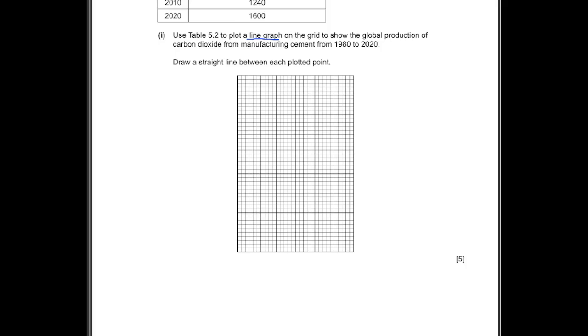The first thing is to mention that your x-axis is year, and the y-axis is your global CO2 production.